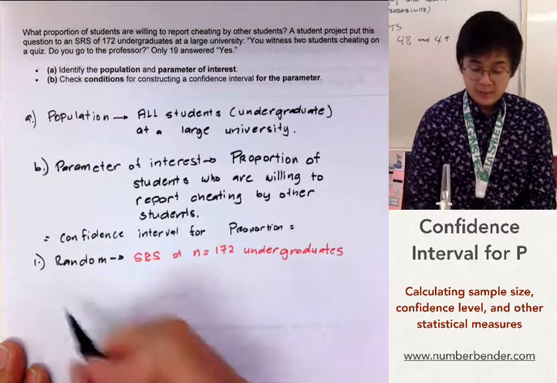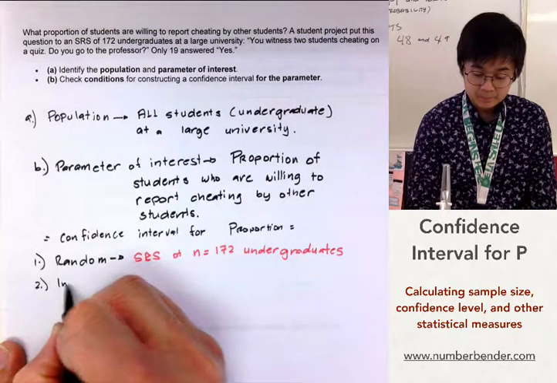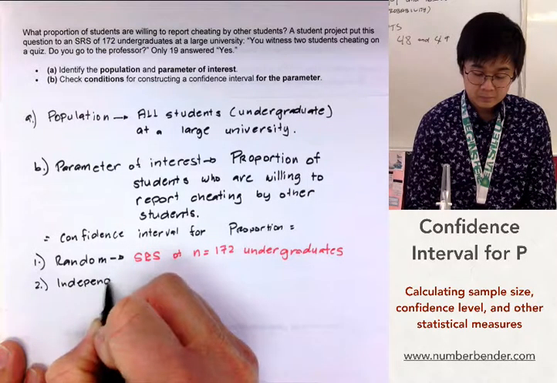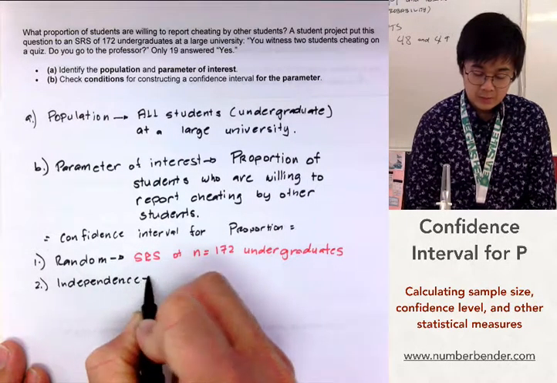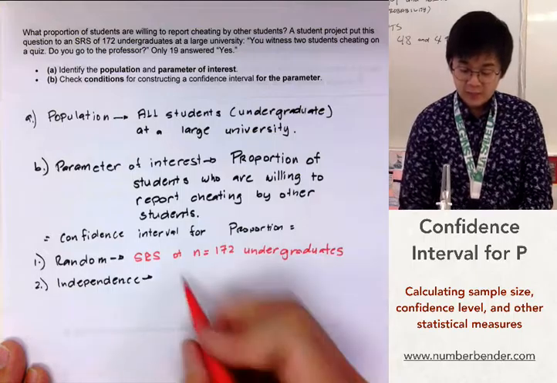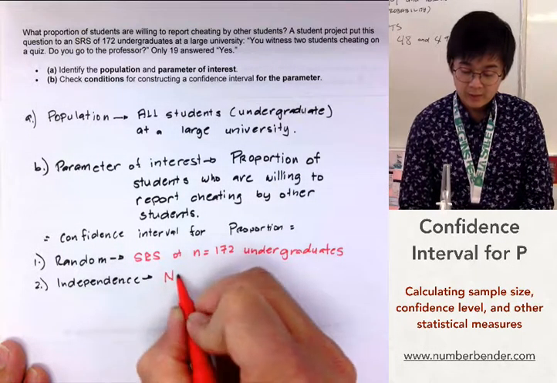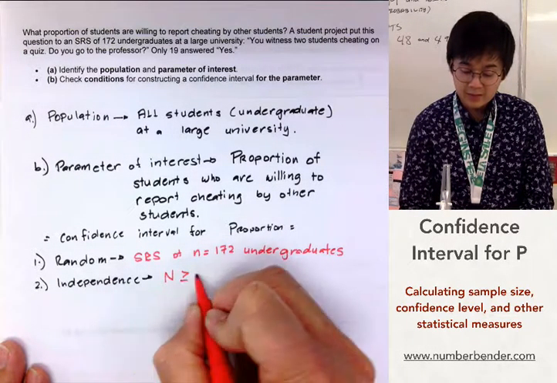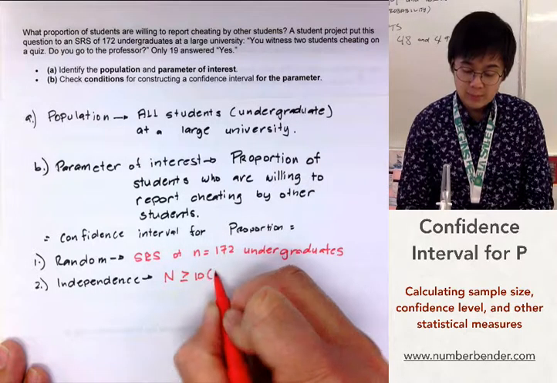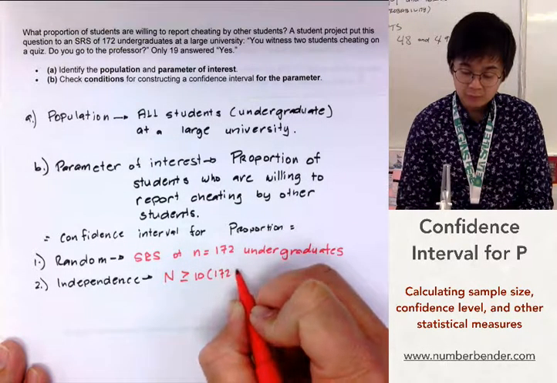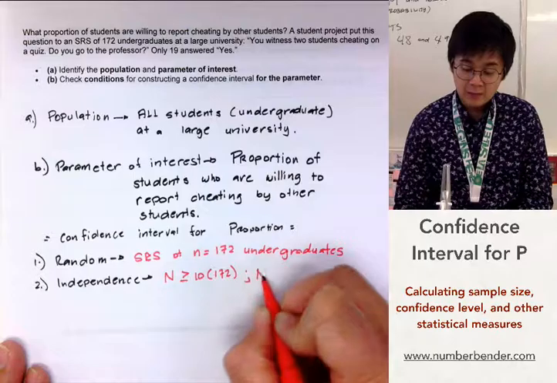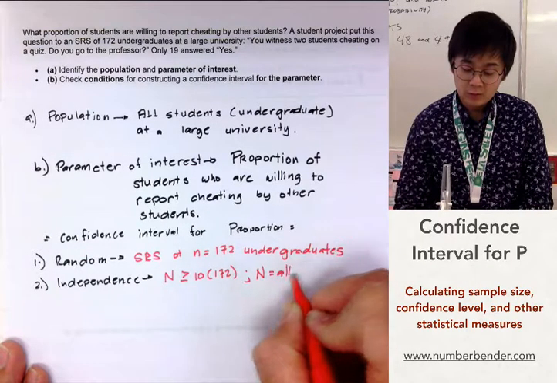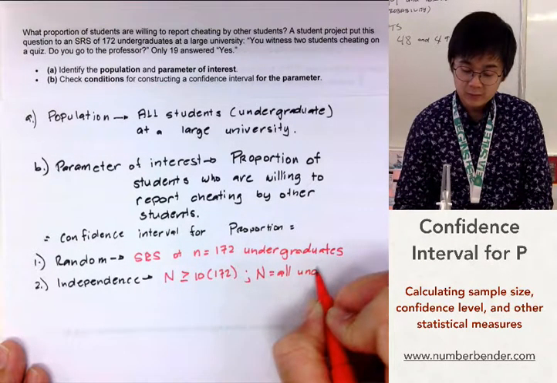Yung independence naman, masasatisfy natin siya given that big N is greater than 10 times yung sample size, which is 172. In this case, yung ating big N will be all undergraduates.